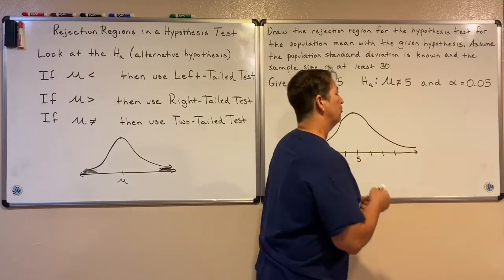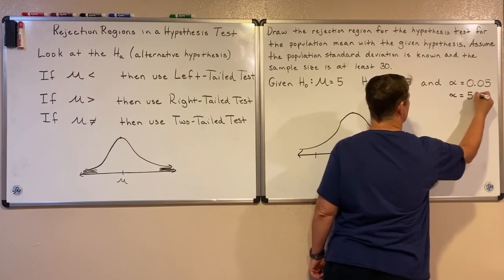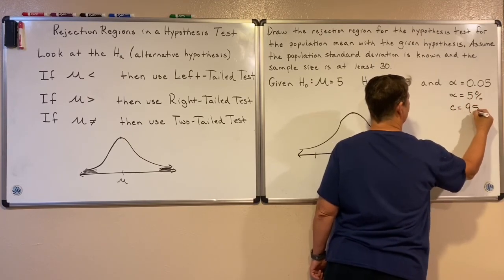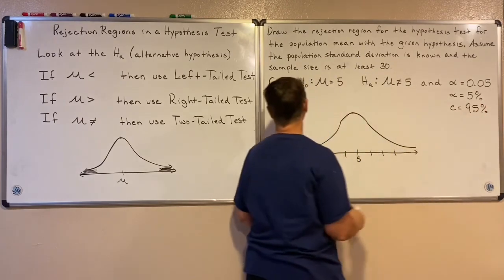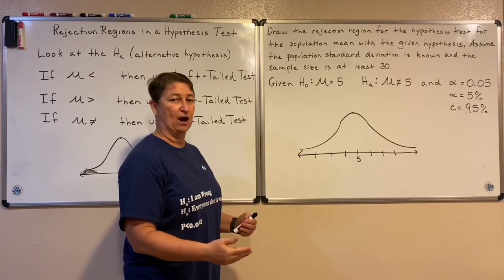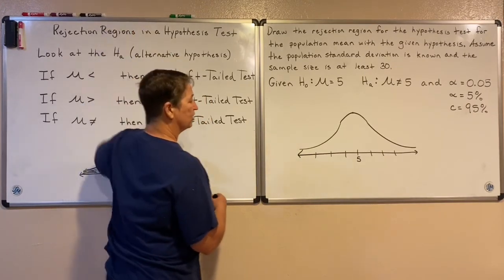And we know that when we see that 5%, or you could think of your confidence level as 95%, we think 2 standard deviations out because of the empirical rule. And that's how it's going to work here too.